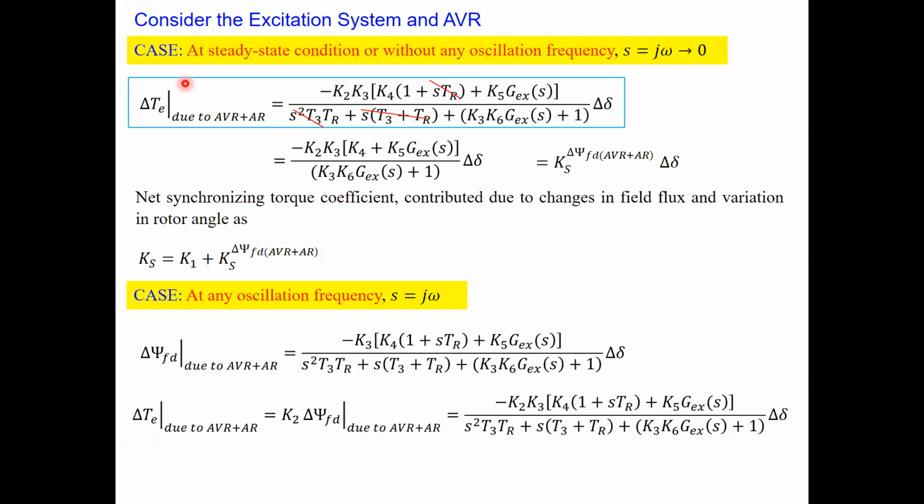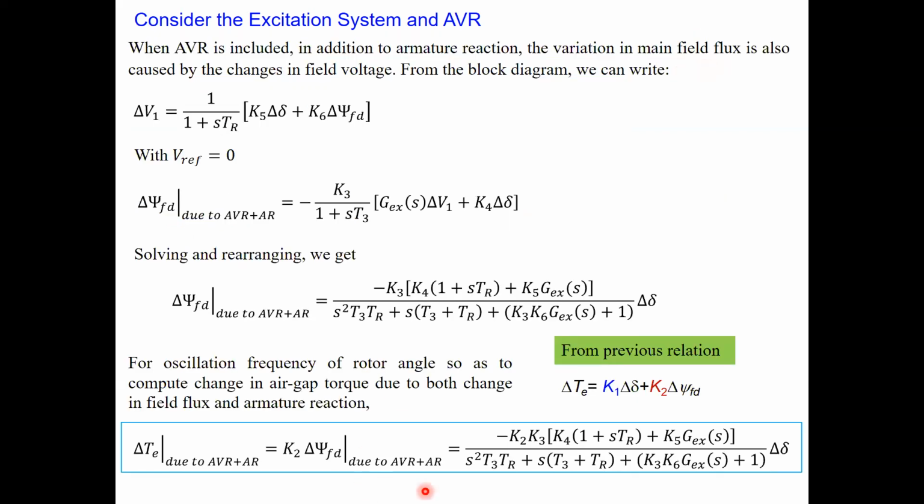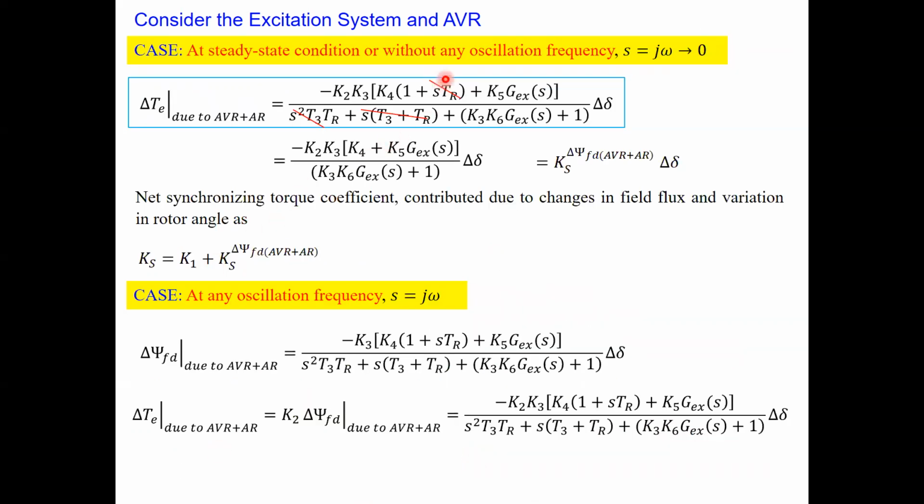So then again we can solve two cases. So one here is steady state. So we can substitute S equal to J omega equal to 0. So when you refer to the previous relationship here, we have an S term here, we have an S term here, and we have an S term here. So it means this becomes 0, this term becomes 0, this term becomes 0. So finally you get the change in the torque due to AVR plus AR as this one. And now this is your synchronizing torque coefficient with AVR plus AR.